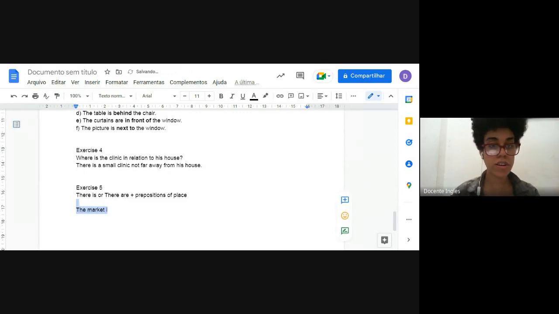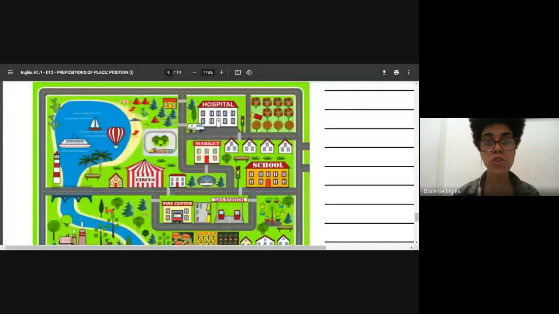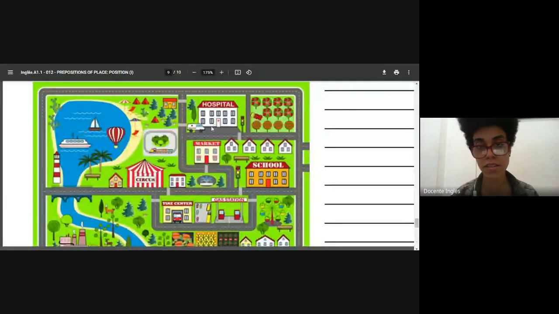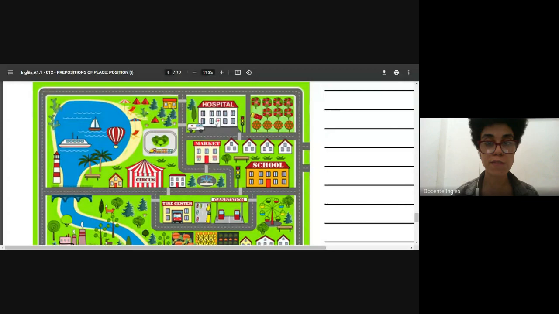No, sorry. The hospital is behind the market. The hospital is behind the market. All right, let's see in the picture so we are sure about it. Market's here, the hospital is behind. Okay.